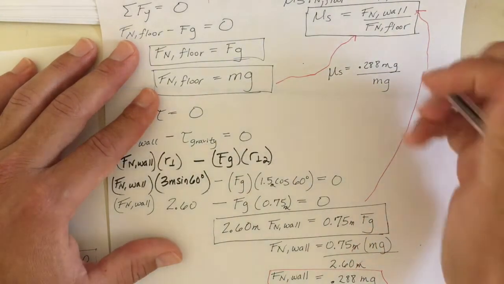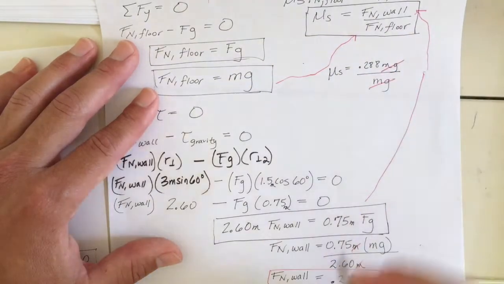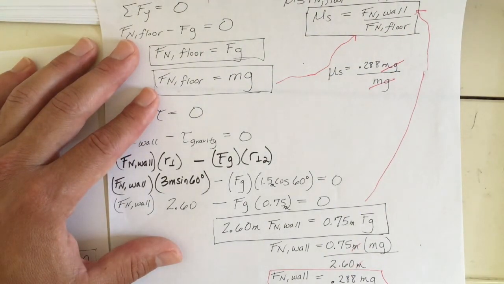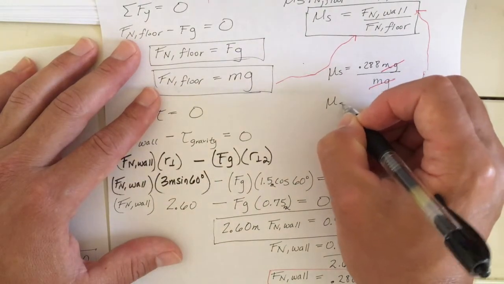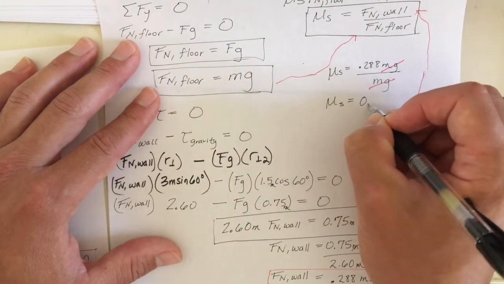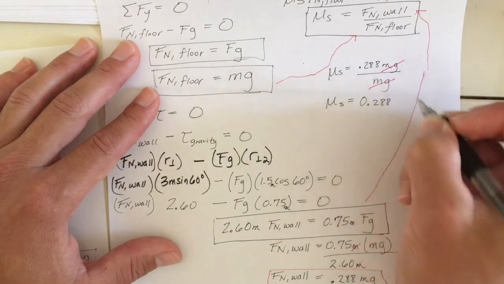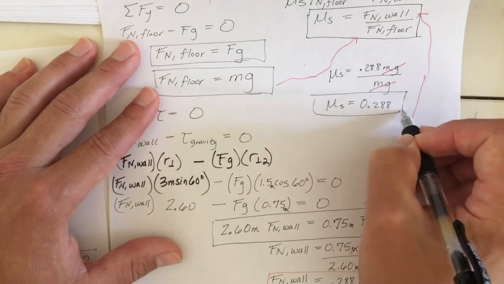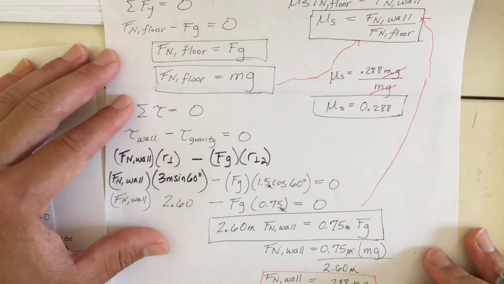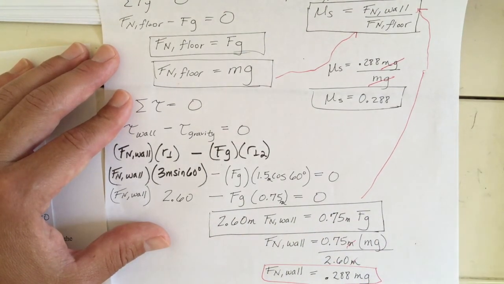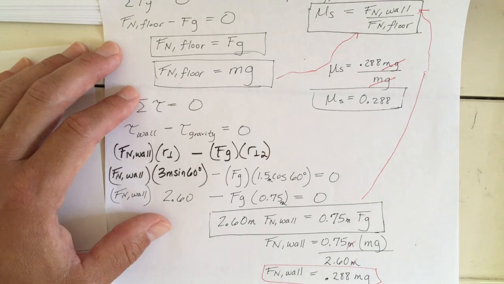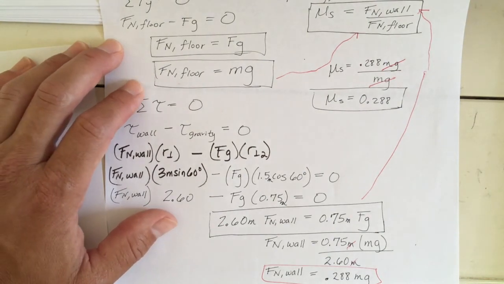See what's happening? Why didn't they give us the force gravity? It doesn't matter. Oh, cool. That's cool. A little sneaky, but it makes for a good problem. And there's our mu static friction, 0.288.